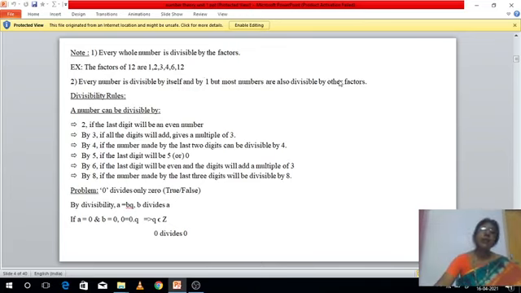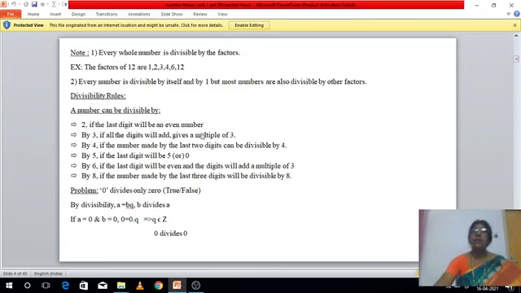Now we see the divisibility rules. I think all of you know this one. First divisibility rule: a number is divisible by 2 if the last digit is an even number.